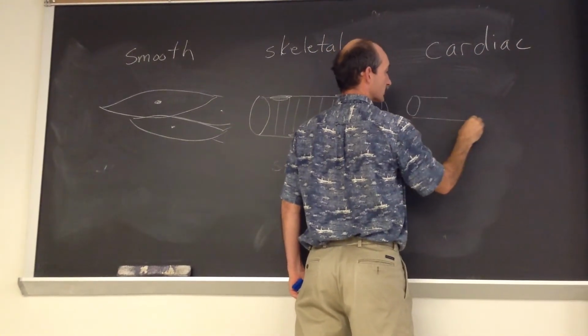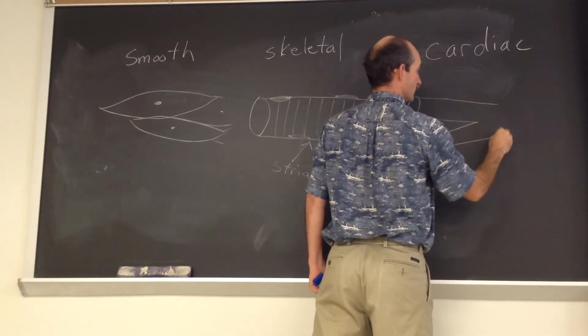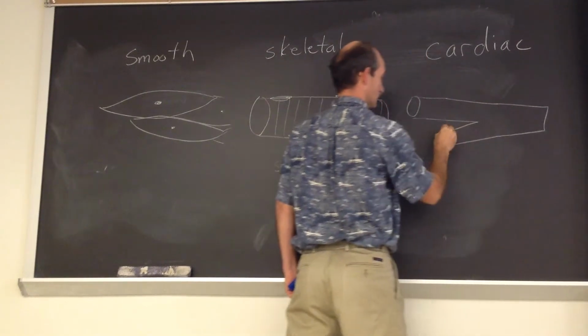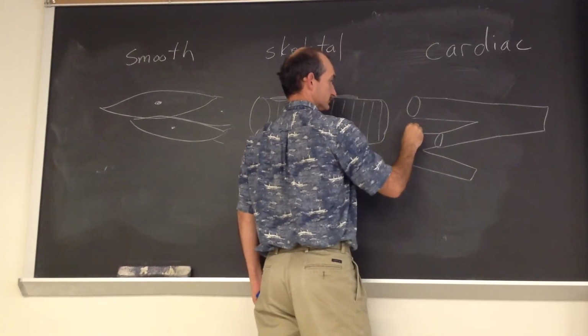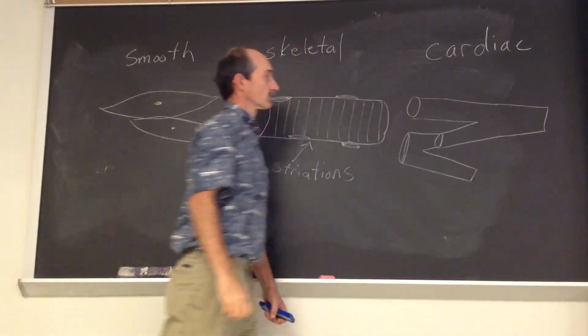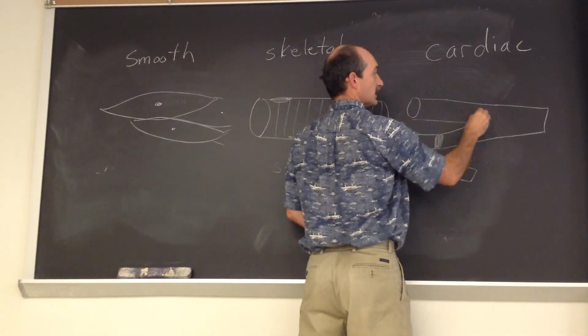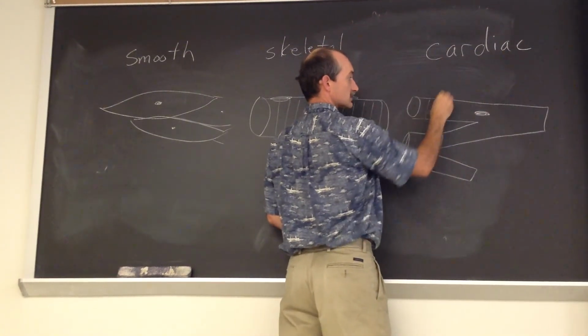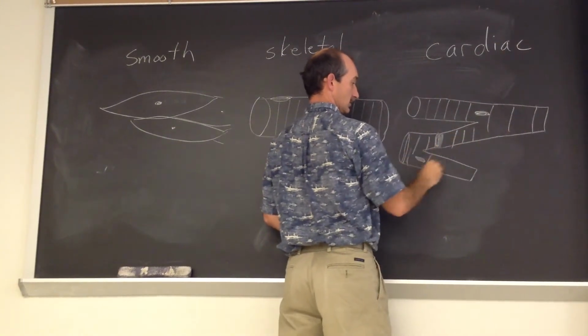Cardiac cells are forked, are branched. They usually have a single nucleus, and they also are striated, they are banded.